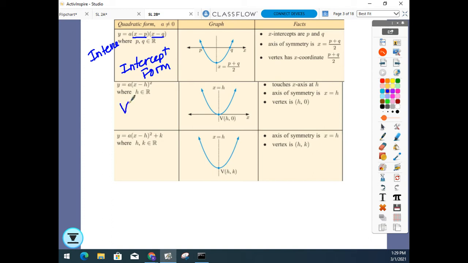This is vertex form. Actually, both of these are vertex form because you can see the vertex in the equation. So just pause it, get everything that you need out of it, and then restart the video.